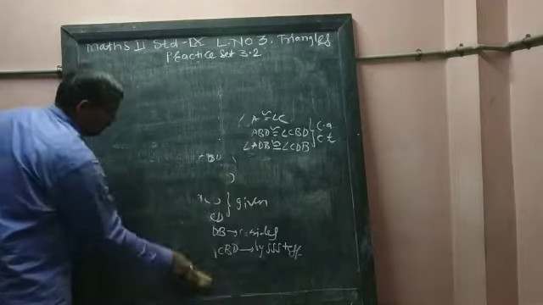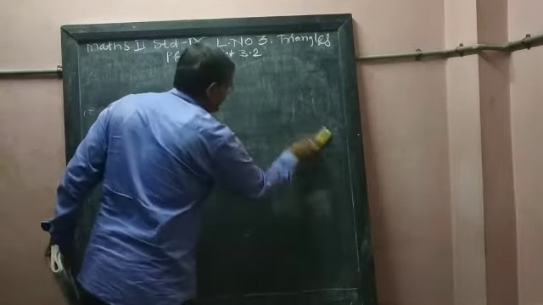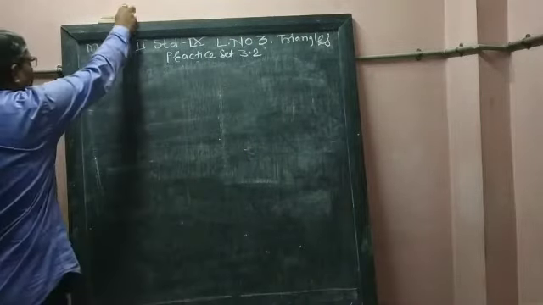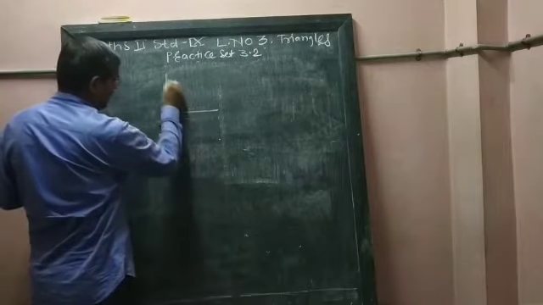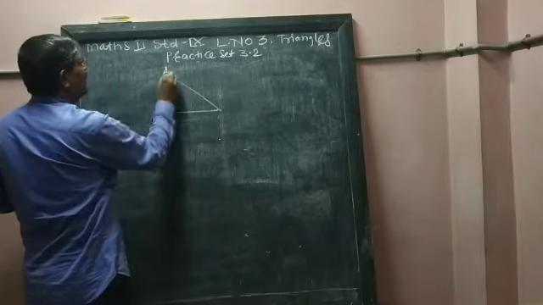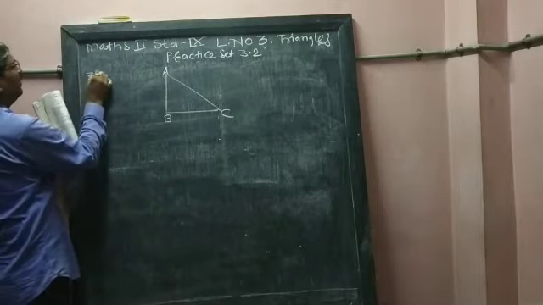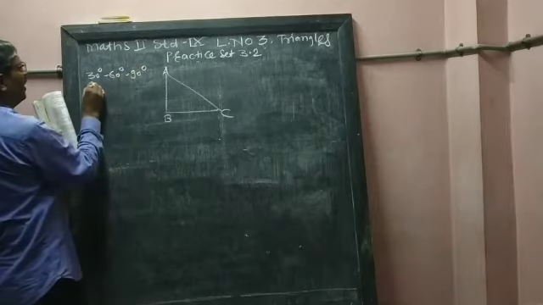Dear students, this information about the next video is most important. Suppose there is triangle ABC. In triangle ABC, I am going to mention the 30 degree, 60 degree, 90 degree triangle theorem.